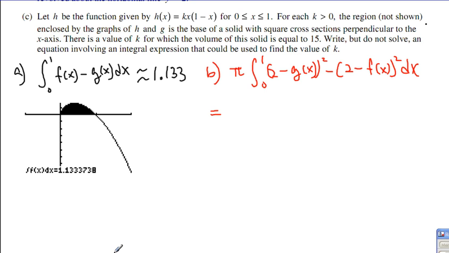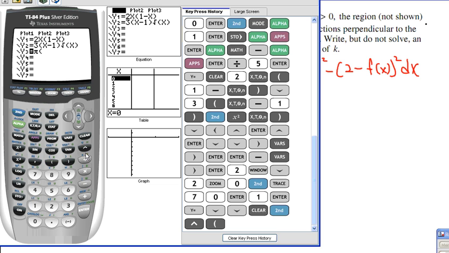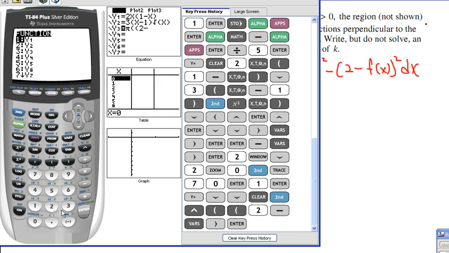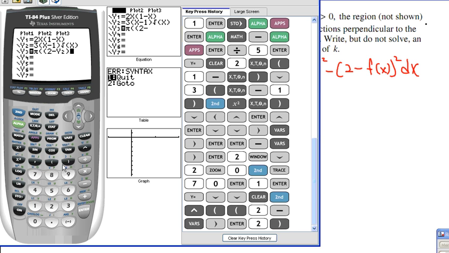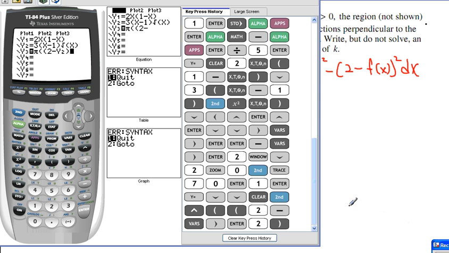Now, using the calculator once again, we're going to have pi times, all right, and then we have 2 minus y sub 2, close it up. So we are continuing.